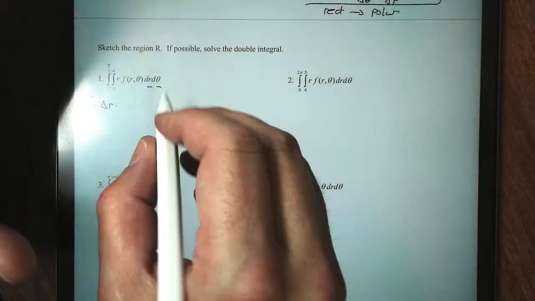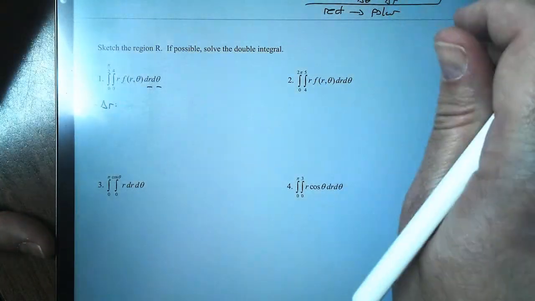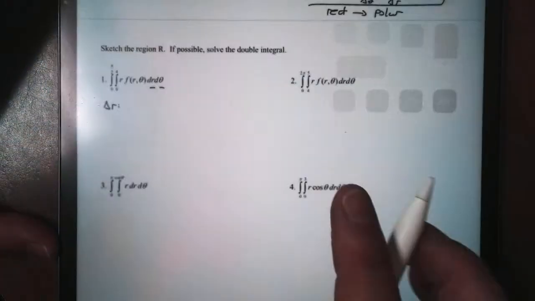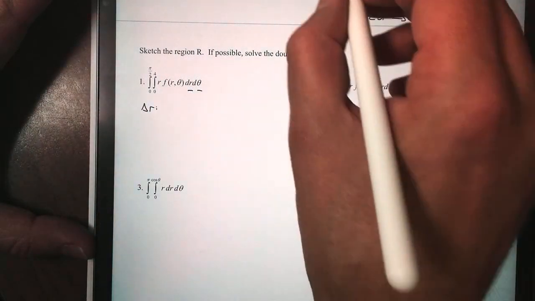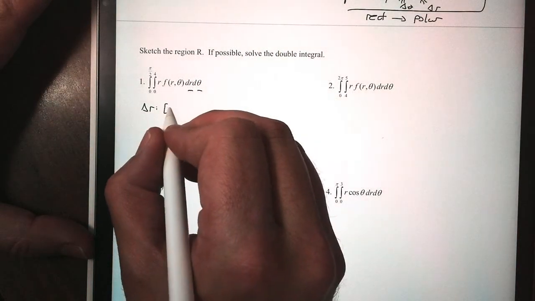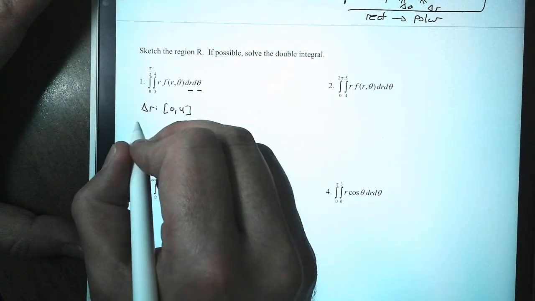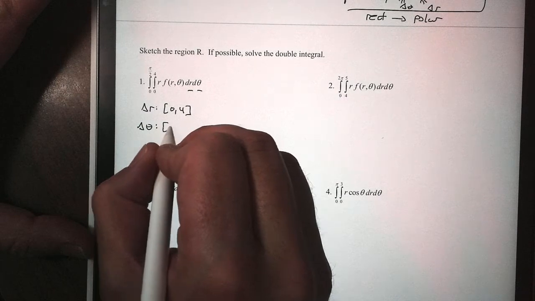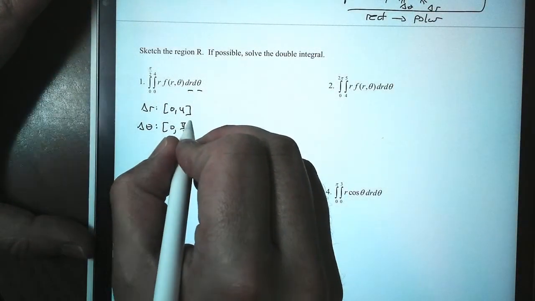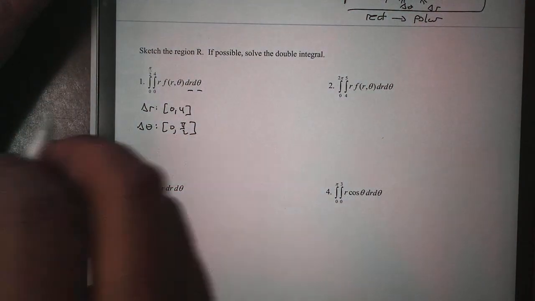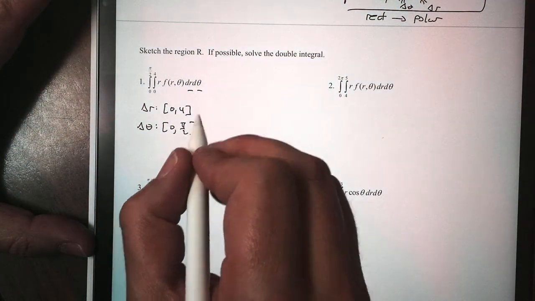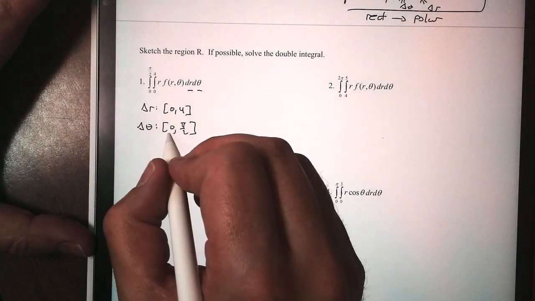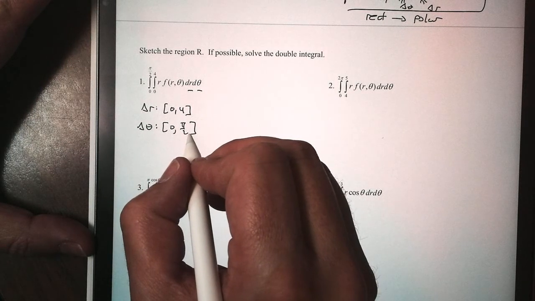The change in radius is going to go from 0 to 4, and the change in theta is going to go from 0 to pi over 2. So I want to draw this. Well, what is this talking about here? That's only a quarter of a circle with radius 4. I'm only going from 0 to pi over 2. That's only a quarter of my way around the circle.